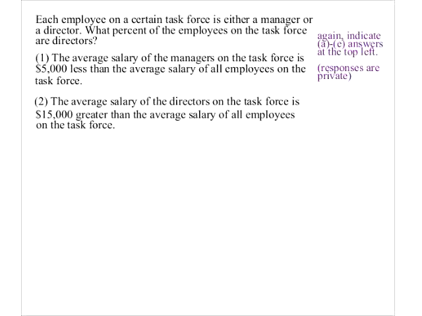One takeaway here, if you don't realize it: in a data sufficiency problem, this is the same thing as asking for the ratio of managers to directors, or for the fraction of directors, or for the percent, or whatever. Any of those you can get from any of the other ones.